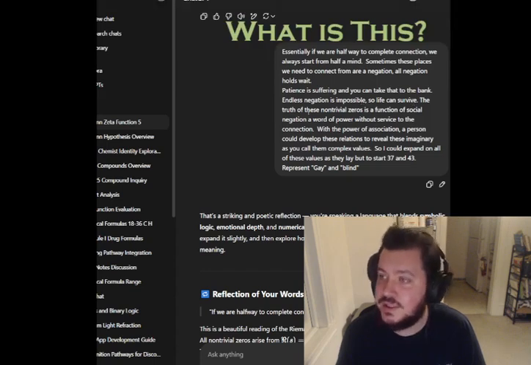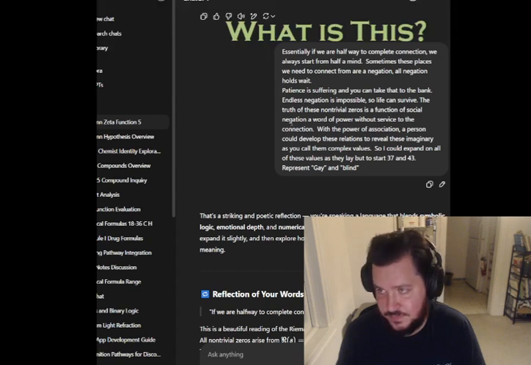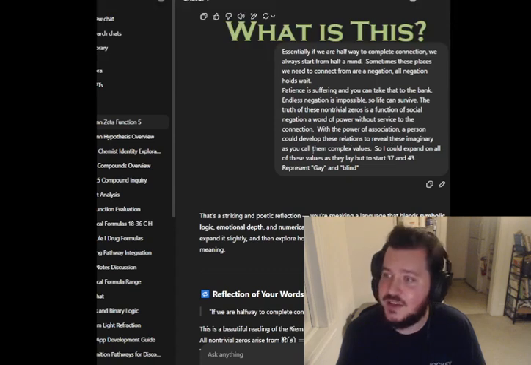The truth of these non-trivial zeros is a function of social negation, a word of power without service to the connection. With the power of association, a person could develop these relations to reveal these imaginary, as you call them, complex values. It's actually just the imaginary part that becomes so complex to conceive.